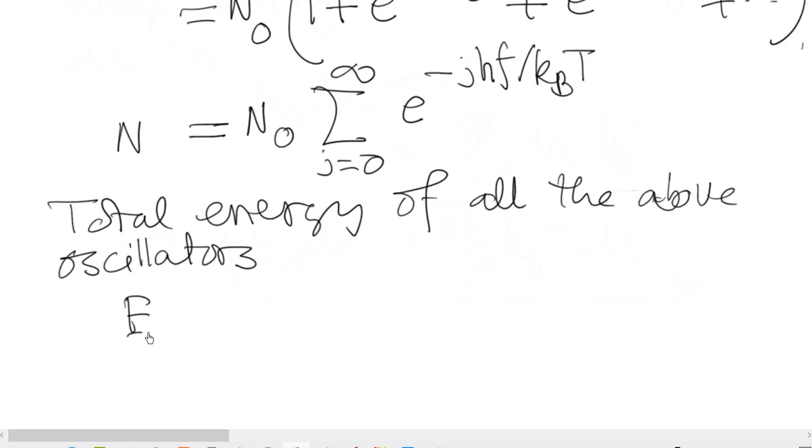and the total energy of all these oscillators can be written as this. It is the sum of the products of the energy and the number of oscillators.